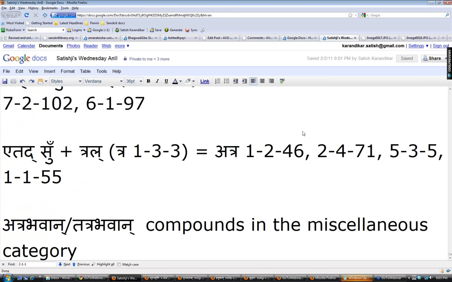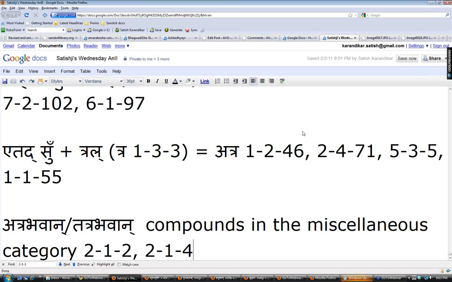The anuvritti of Supsupa goes through the entire Samasa Prakaranam. The important thing, by the way, is that Tingantam na samasyate. You cannot take a Tingantam and make a compound. Remember that, please. Barring some very rare example which Kashika gives, 99.99999%, you cannot take a Tingantam and compound it.